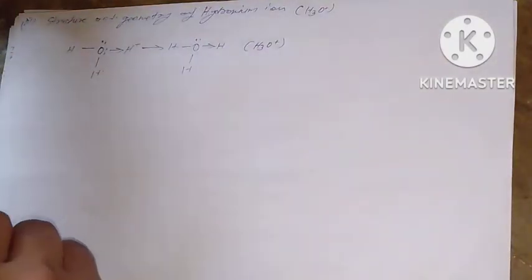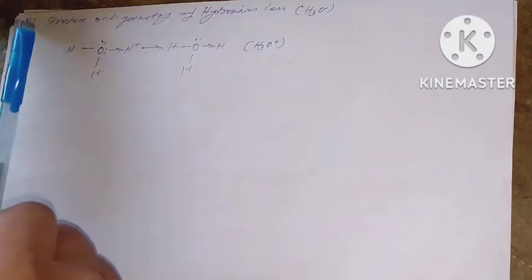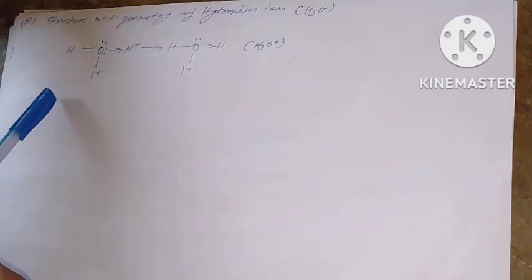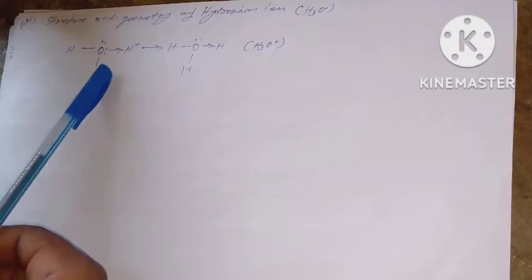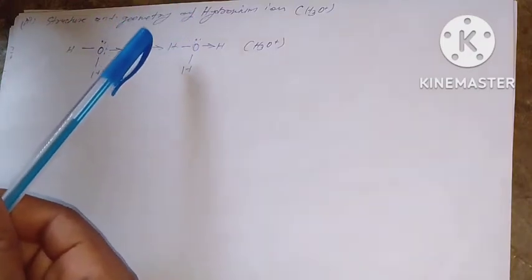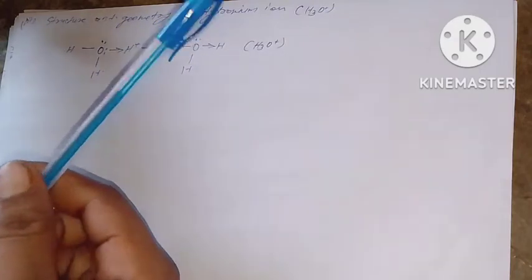Hydronium ion is formed by donation of one electron pair on the oxygen atom in H2O to a hydrogen plus ion, okay.